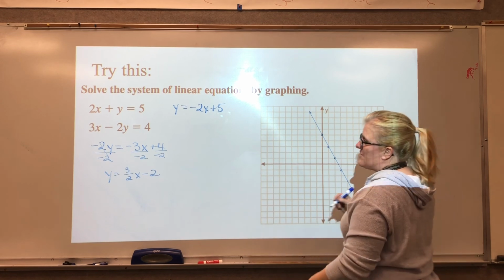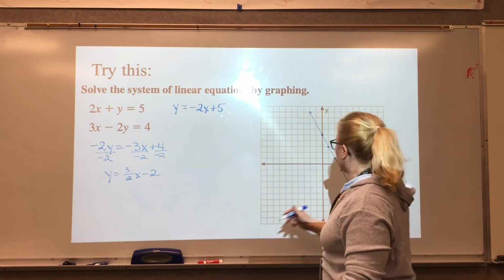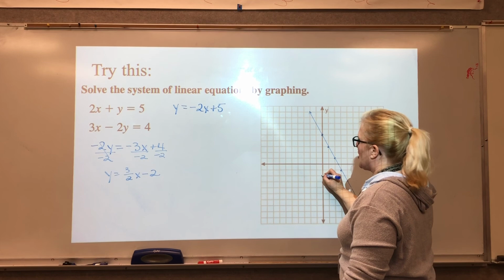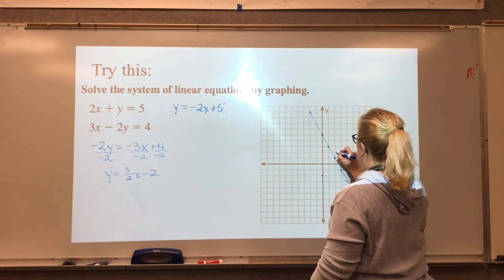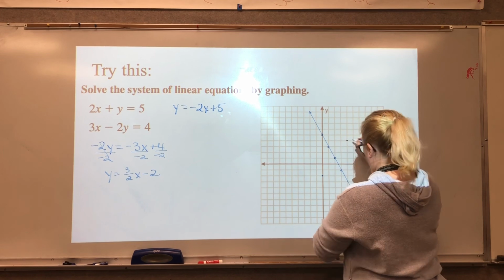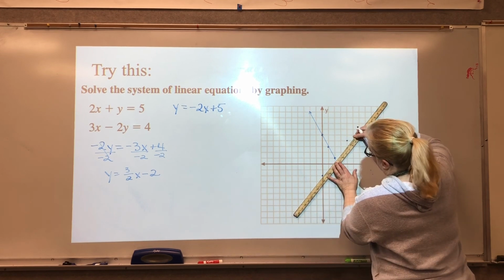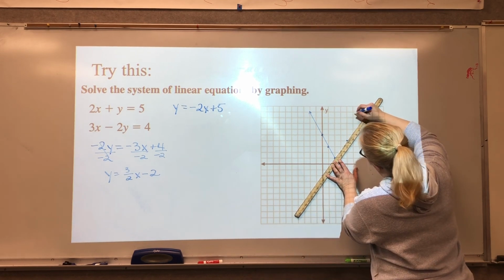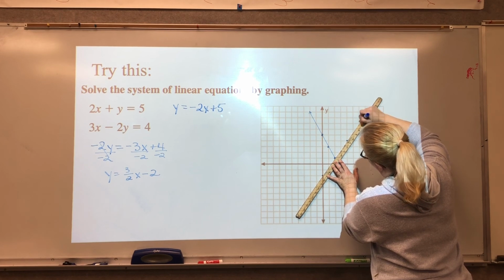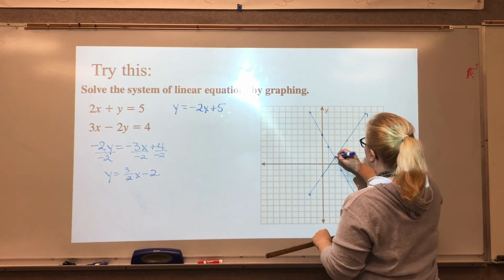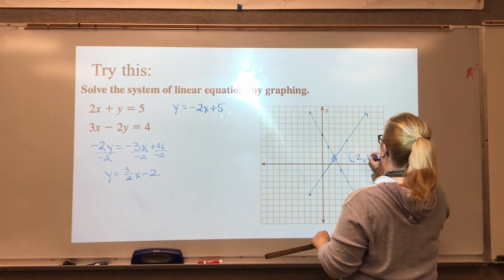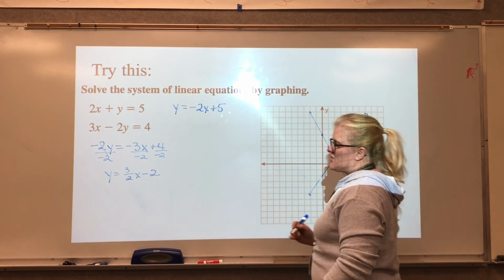Okay, and then for this one, my y-intercept is negative 2, and my slope is up 3 over 2. And they intersect at (2, 1). So that is your answer.